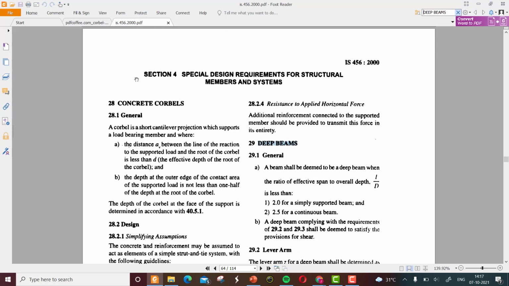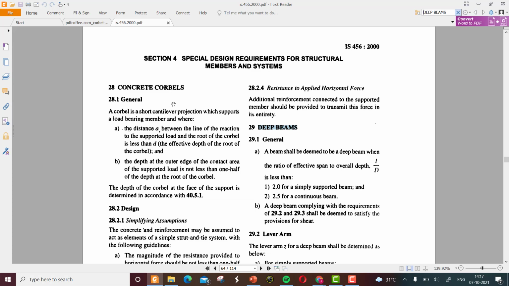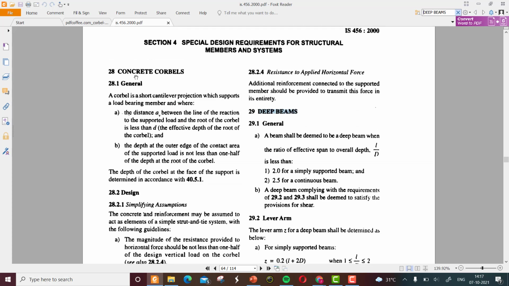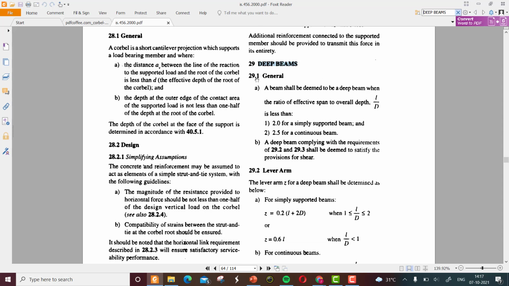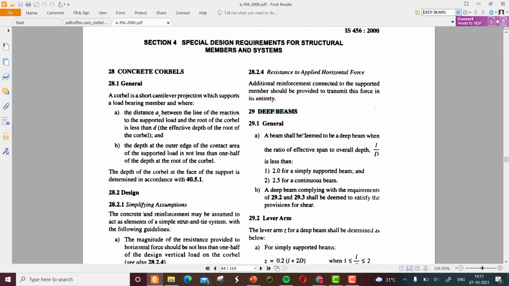So this is section 4, and these are the corresponding guidelines or code provisions for the design of concrete corbel, clause 28, and 29 is on the deep beam. So these guidelines or clauses will act as the basic skeleton or framework for designing the corresponding structural elements.